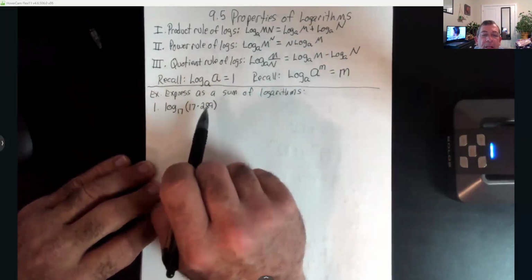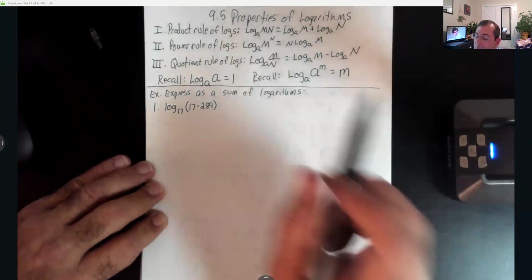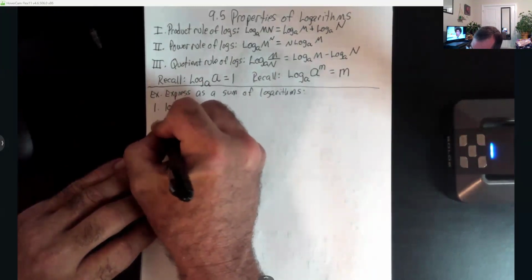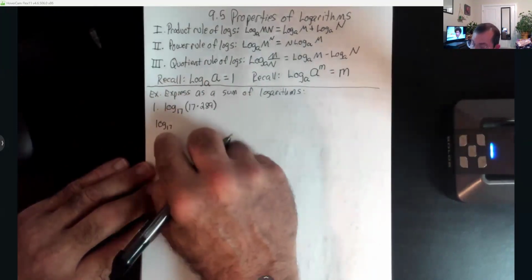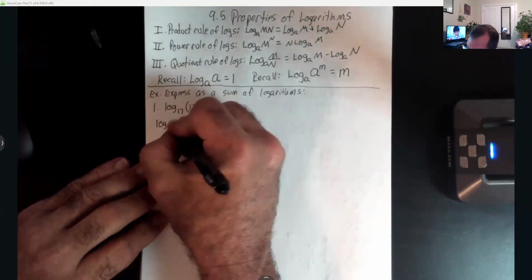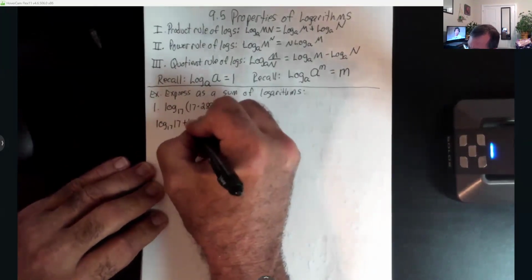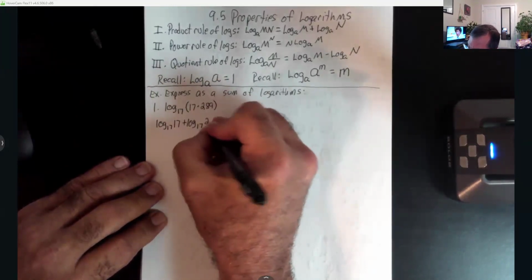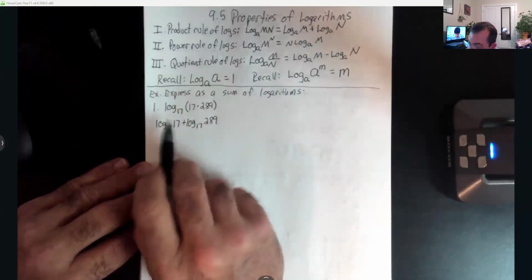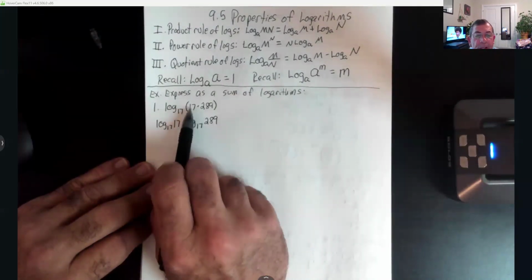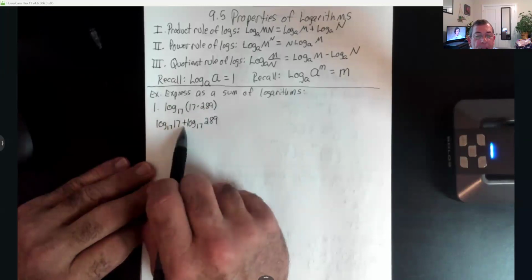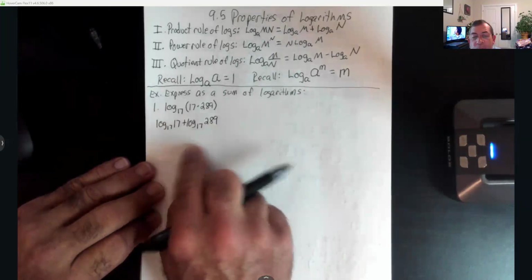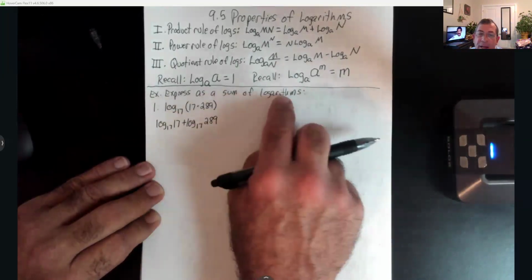So M is 17 and the 289 can be the N. That's M times N. So this equals the log base 17 of 17 plus the log base 17 of 289. So notice I distributed the log base 17 to both of these factors and rewrote it as a sum. They didn't want me to go further because this one would go further, but they wanted me to just rewrite it as a sum, okay?